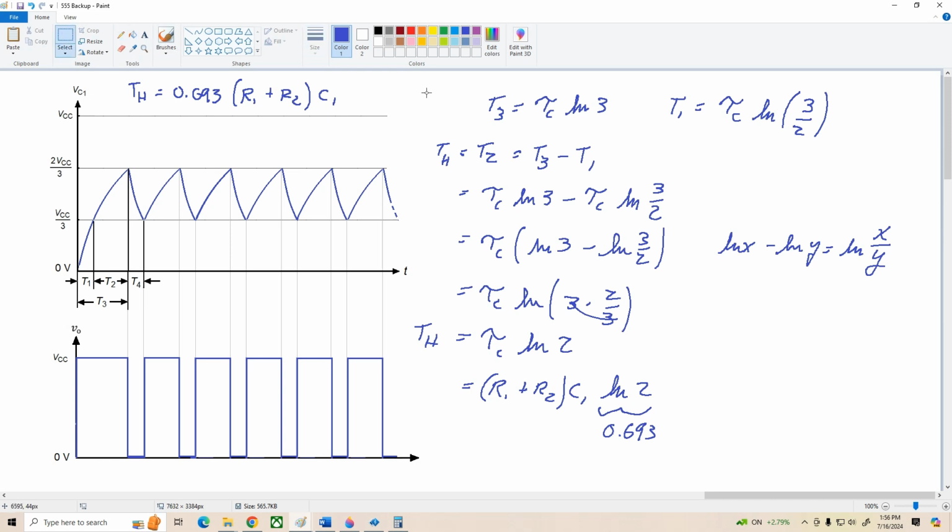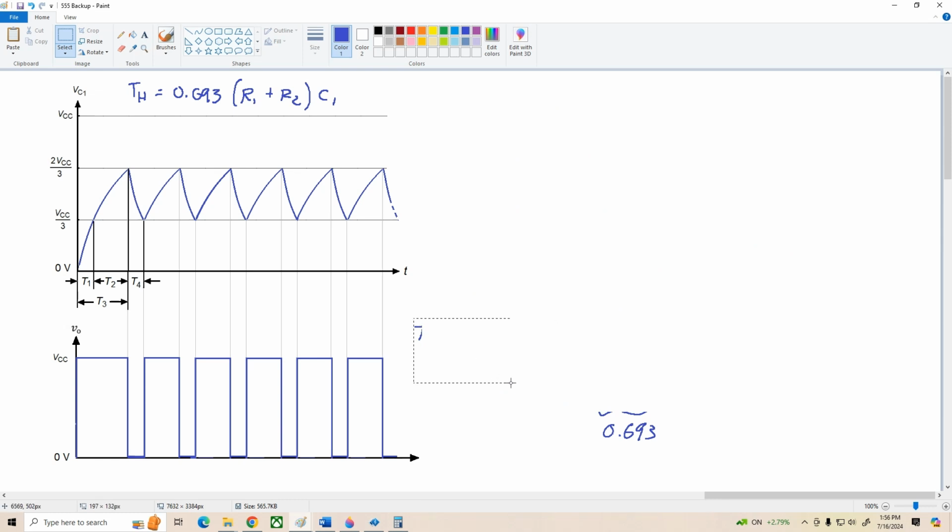Okay, and now we're going to work with the discharge equation for a capacitor, which says that V sub C equals V naught times e to the negative t over tau. And in this case, V sub C is the value we're approaching, that is VCC over 3. V naught, the initial value, is 2 VCC over 3.